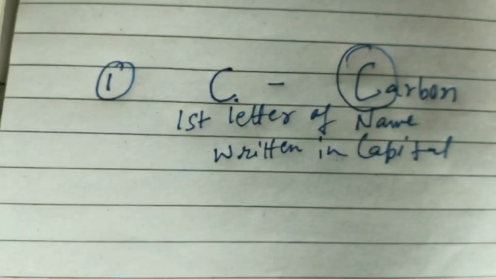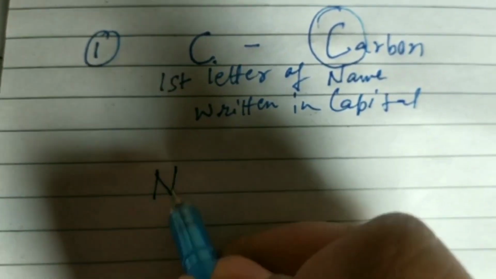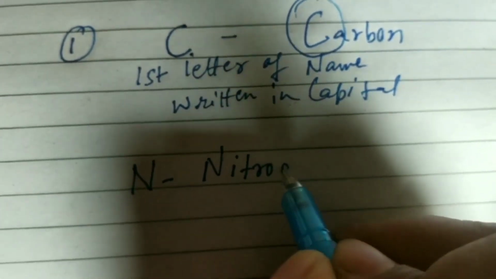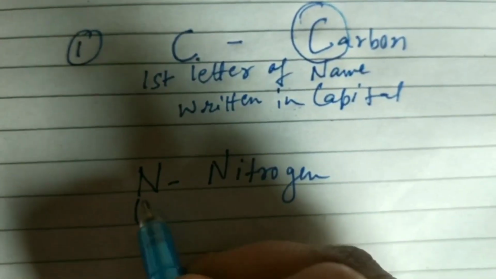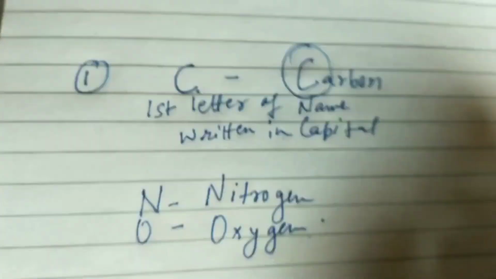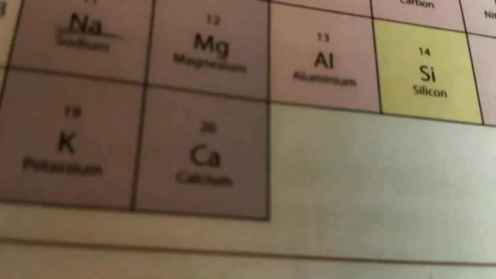So C stands for carbon, and we use this C to represent one atom of carbon. Similarly, N stands for nitrogen, O stands for oxygen, like that.